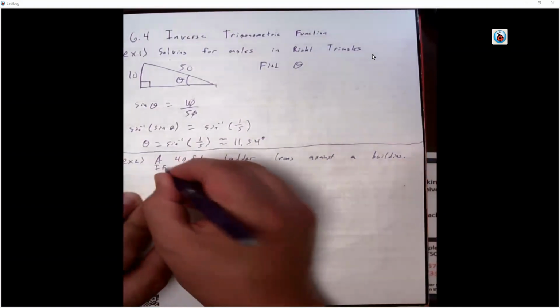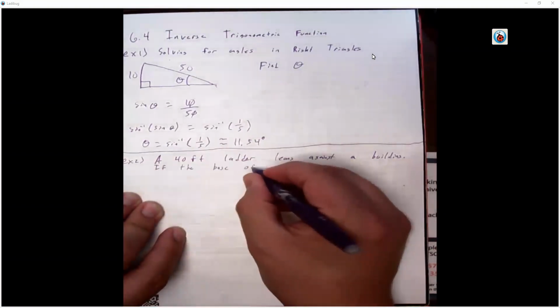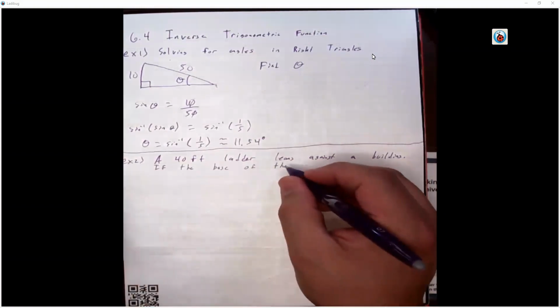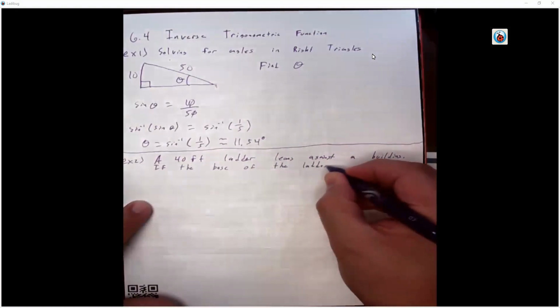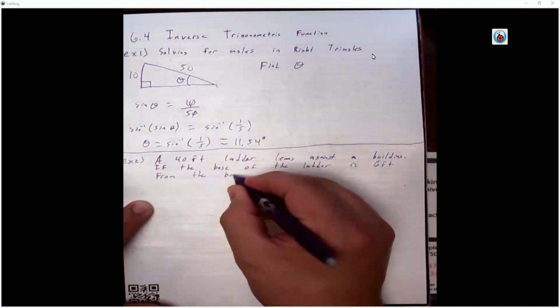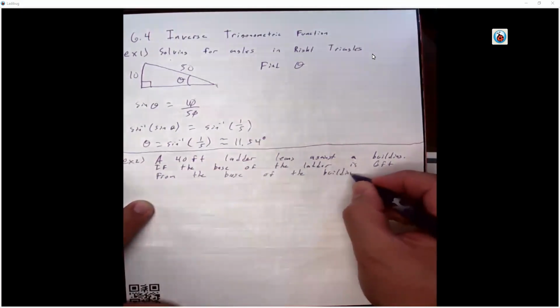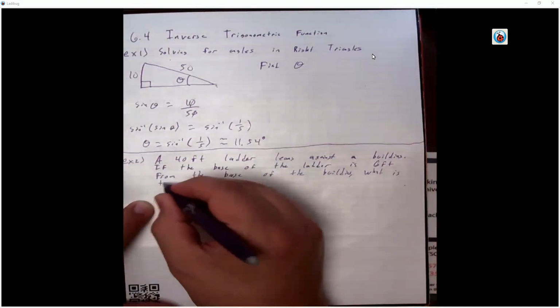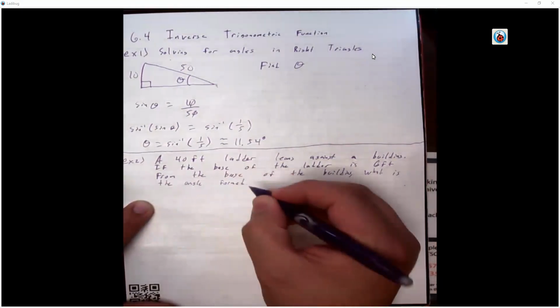If the base of the ladder is 6 feet from the base of the building, what is the angle formed between the ladder and the building?